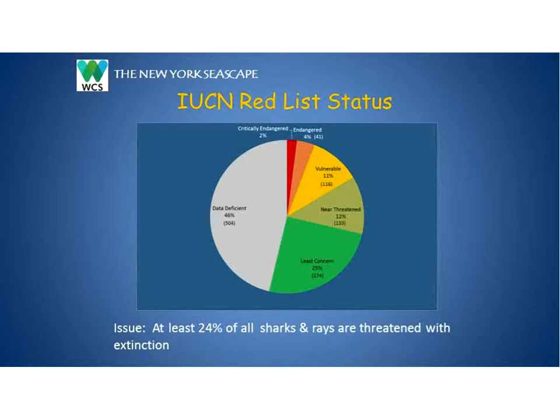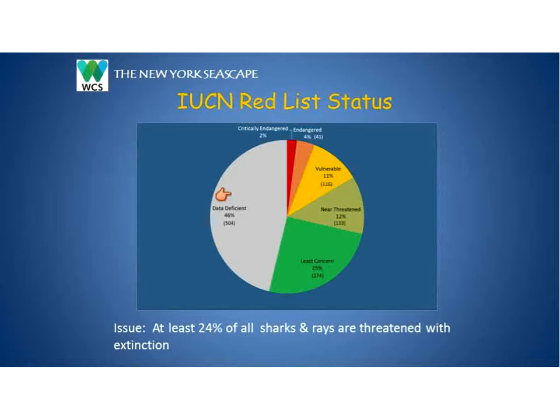The result of all this fishing pressure is the fact that many species are now threatened with extinction on a global basis. I don't know how many of you are familiar with the IUCN Red List, which basically looks at the conservation status of many different kinds of animals in various taxonomic groups. But virtually all the sharks have been evaluated, all 1,200 odd species of them.